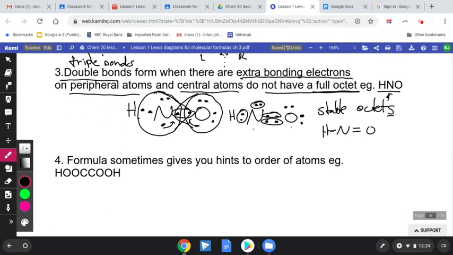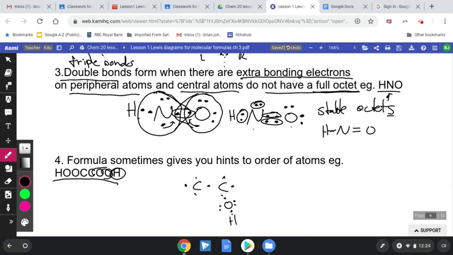And my last hint is that sometimes when you have very large complex molecules, the formula gives you a hint as to how to structure the molecule or how to attach the atoms in order. So this molecule has carbons in the center, and oxygens, 2 oxygens, and a hydrogen on the outside. So I am going to put an oxygen bonded there with one more bonding electron and its 2 lone pairs bonded to a hydrogen.